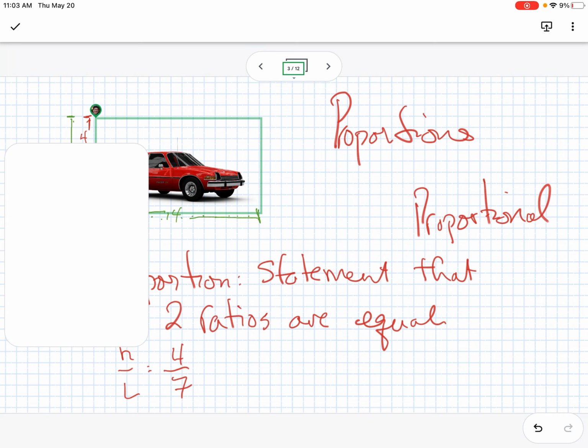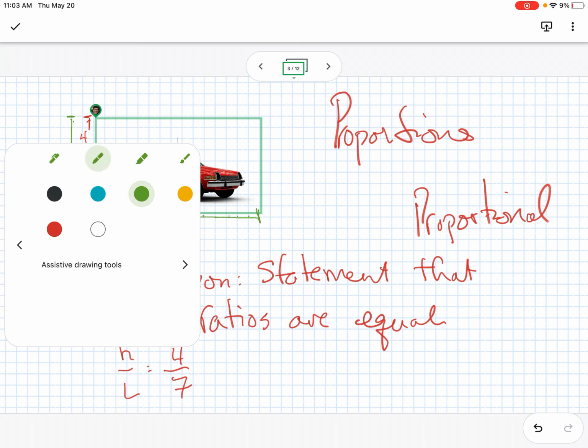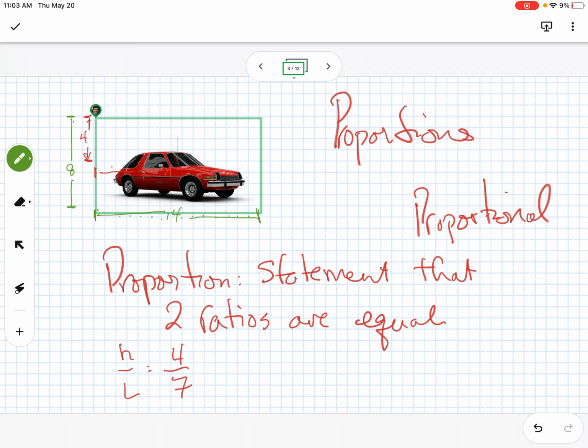That's the first ratio. A proportion is a statement that 2 ratios are equal. What's the second ratio? Well, the second ratio came from the green numbers. After I stretched it, the height was now 8 and the length was now 14. That's the green ratio coming from a stretched height of 8 and a stretched length of 14. So I've written height over length because that's the pattern that I set out at the beginning.